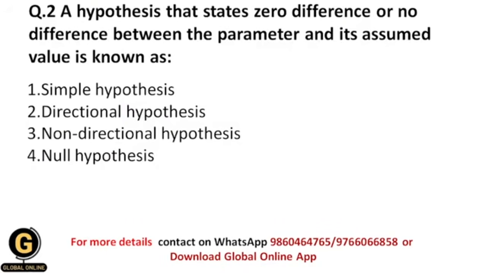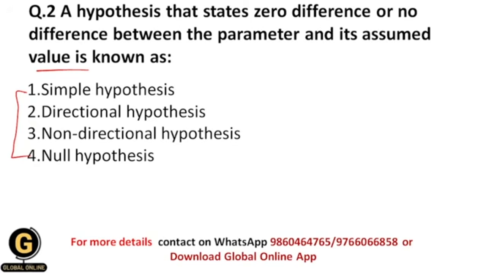Okay, now next is a hypothesis that states zero difference or no difference between the parameter and its assumed value is known as. So now here they have given us different types of hypothesis. From these types of hypothesis, which is the hypothesis which states that there is zero difference or no difference between the parameter and its assumed value?